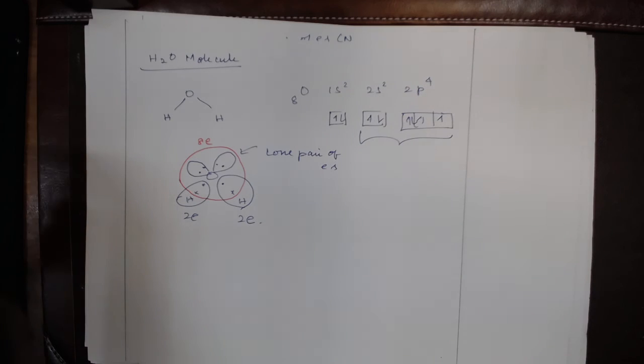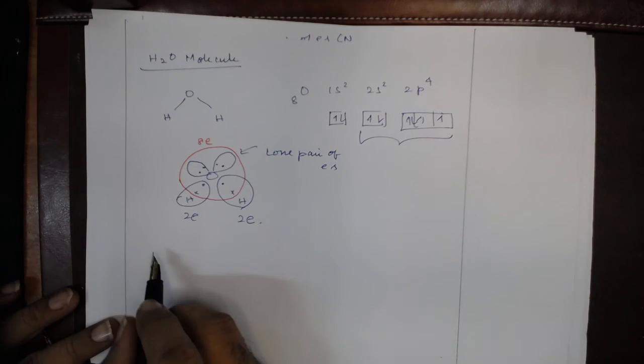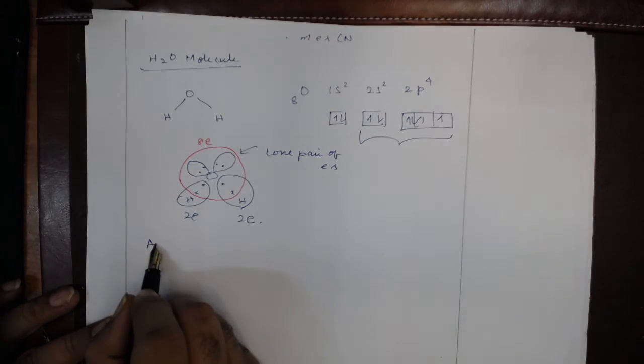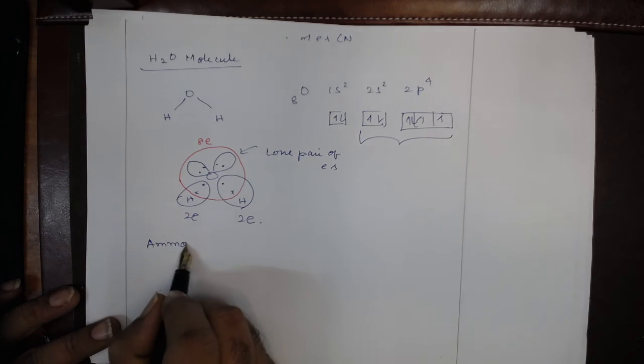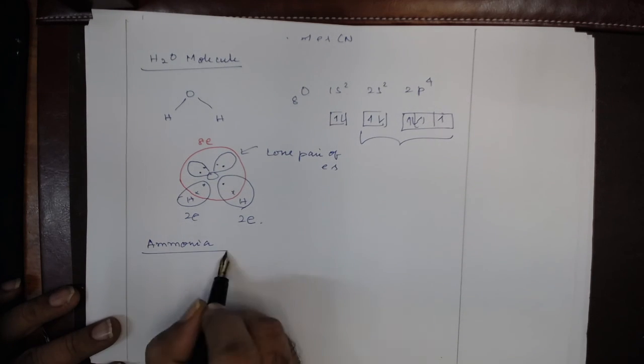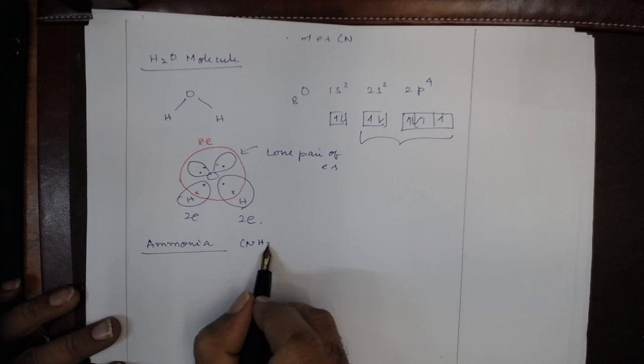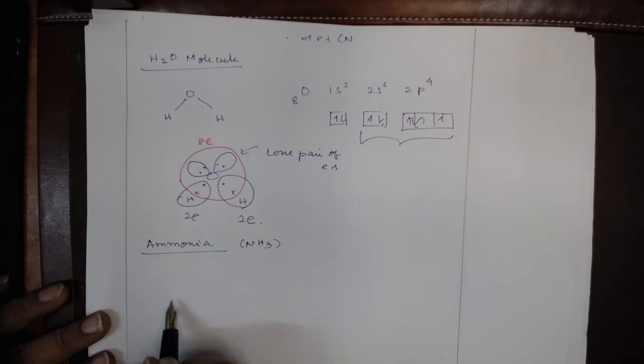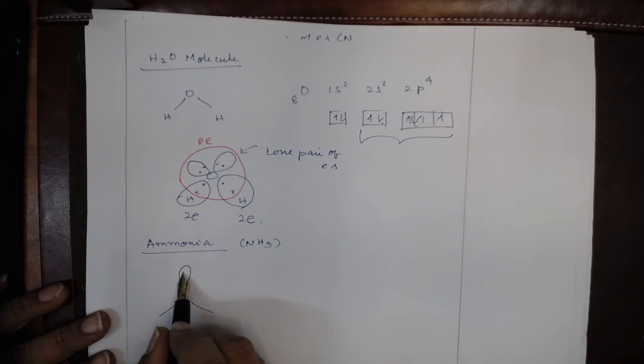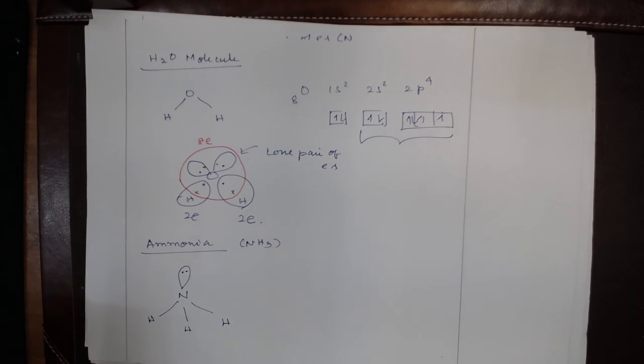Similarly, we can draw ammonia, NH3. So nitrogen is at the center and it has got the tetrahedral structure like this. Okay, this is ammonia. There are 3 NH bond.